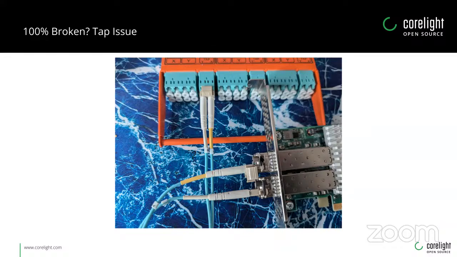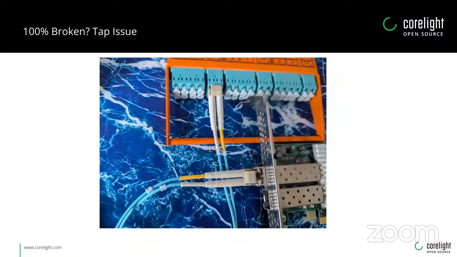One time this came up, just sort of a funny story, we were going over the taps and they said something like, yeah, we have two taps set up and we connected them to both ports on the other side. And I said, four ports, right? And they said, no, but both ports. So I had to start asking some more detailed questions and found out that they had done this exact thing.